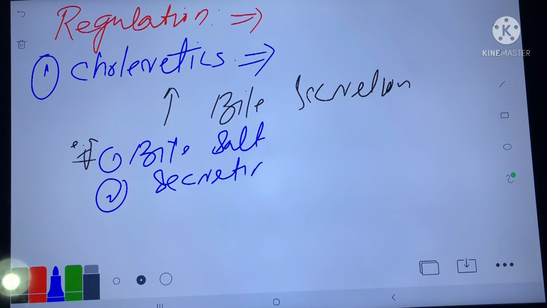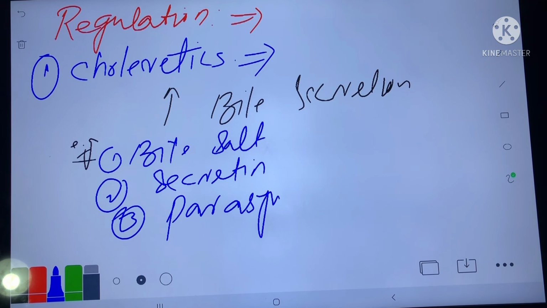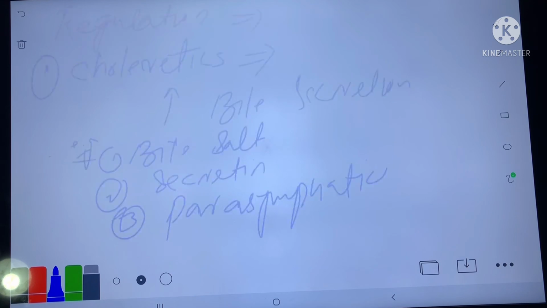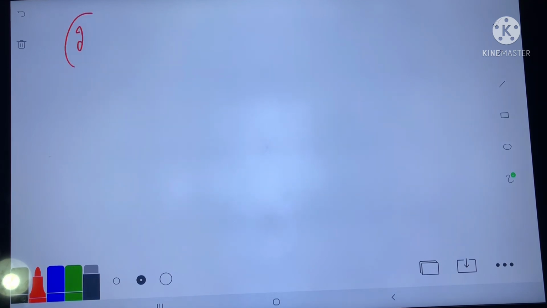As we all know, secretin also regulates bile secretion. Number three, the parasympathetic division. The autonomic nervous system also regulates the production and secretion of bile from the gall bladder.